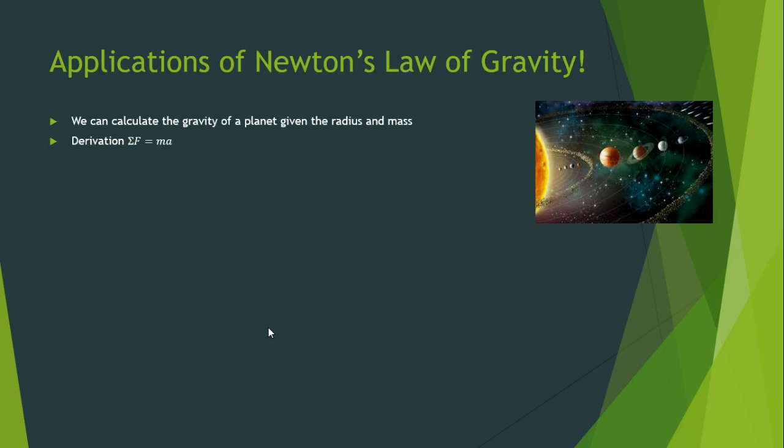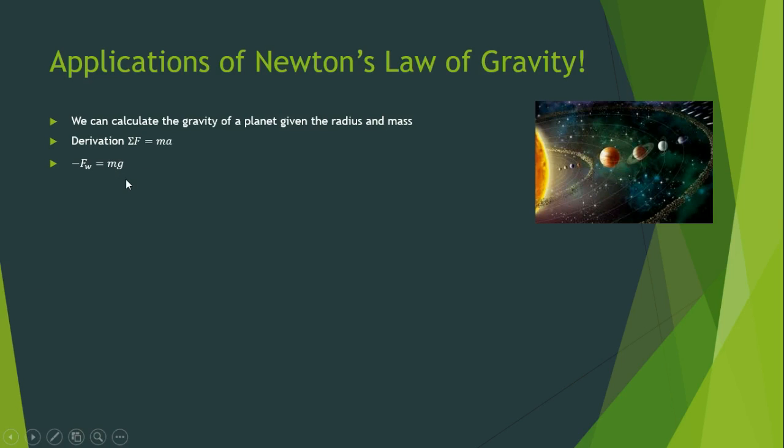So we have Newton's second law right here: force equals mass times acceleration, or the net force. And so remember back when we were doing free body diagrams earlier, weight is just mass times gravity.